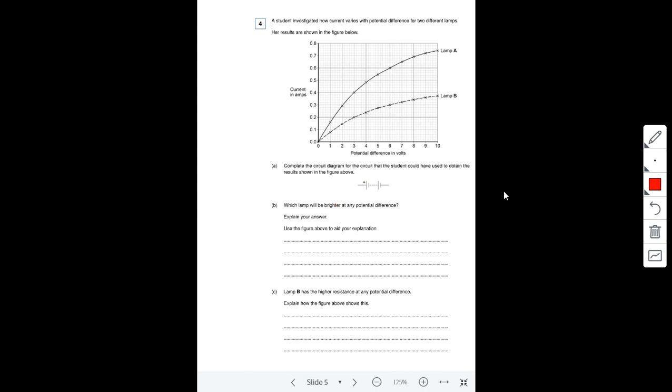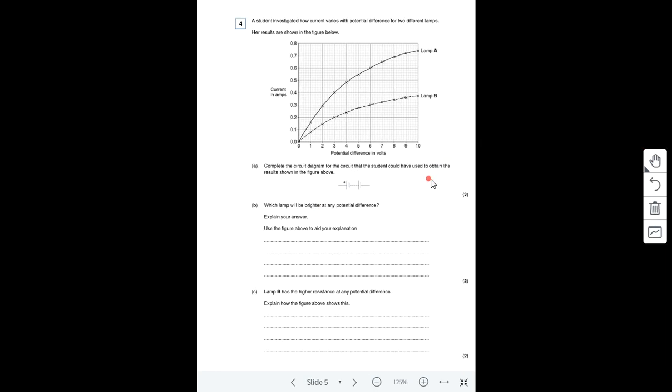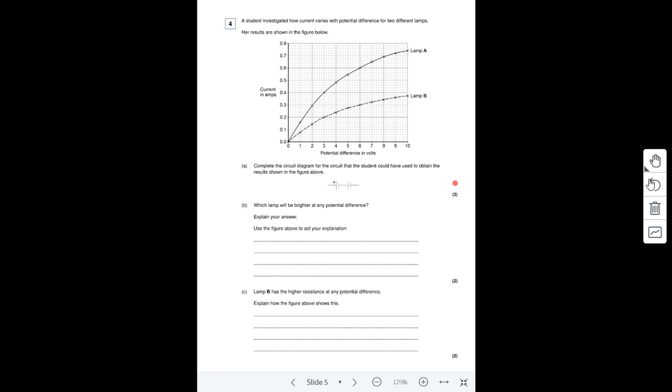Okay, now solve this one. Should I draw the circuit? Okay, leave that, just drawing the circuit. We can move on to the next one.